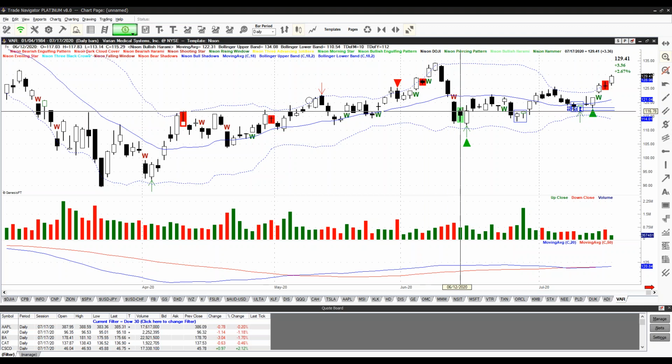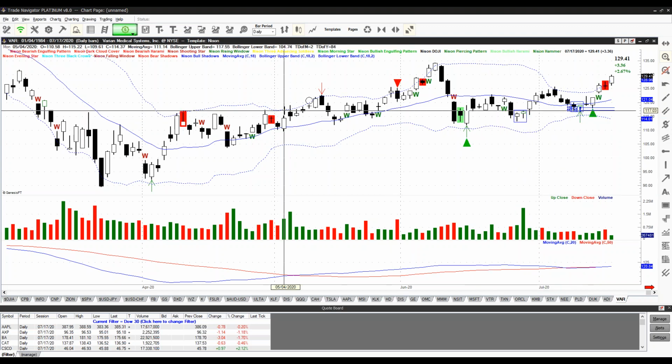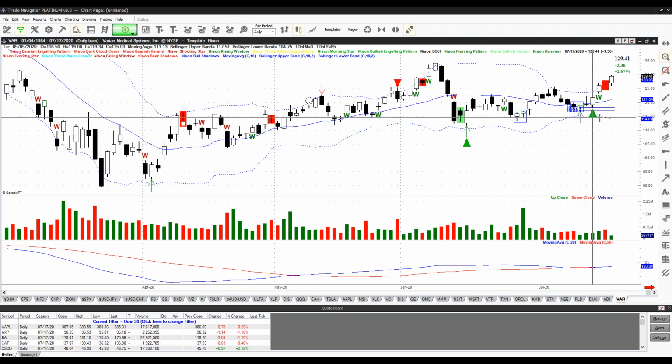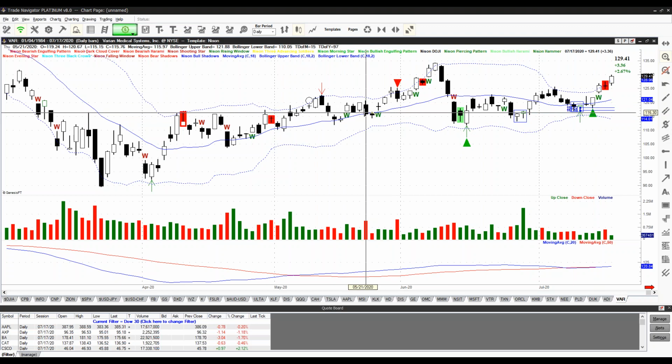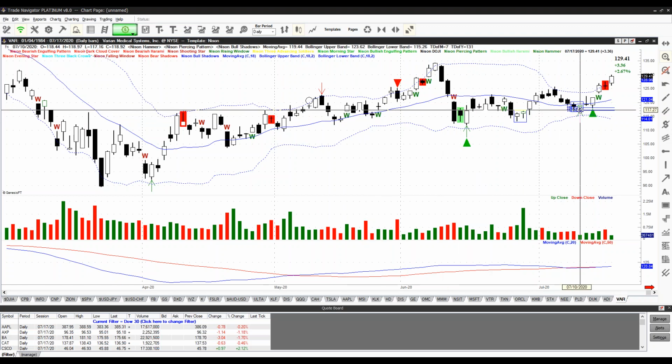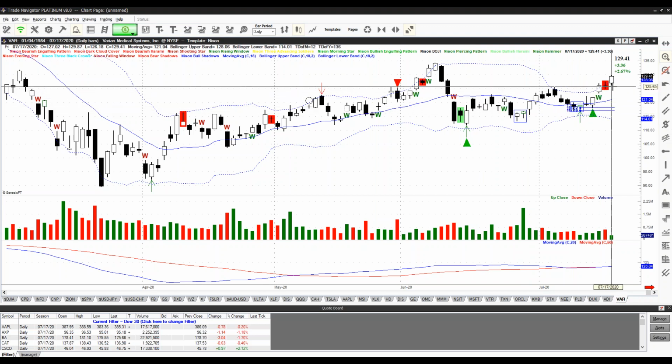We had several candles right here that use it as support, became resistance, and is now support again. So we have what Steve calls all the time a change of polarity. So former support became resistance, became support even stronger. Notice we get a retest into that buying zone, and look at the great move that we had.